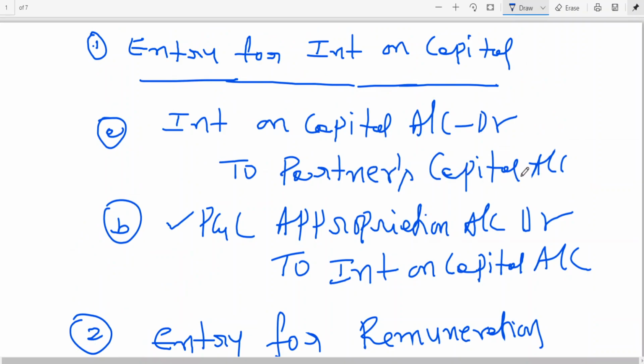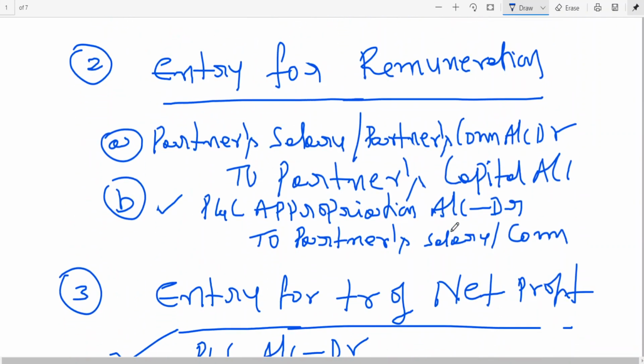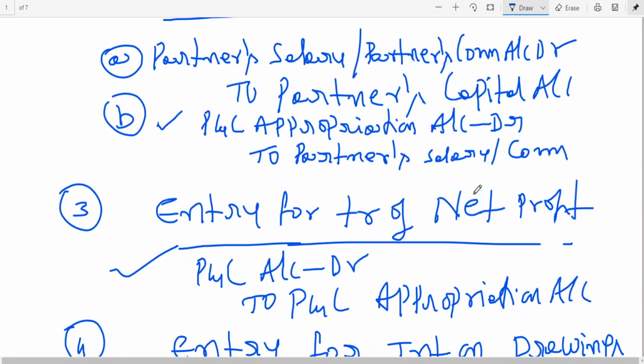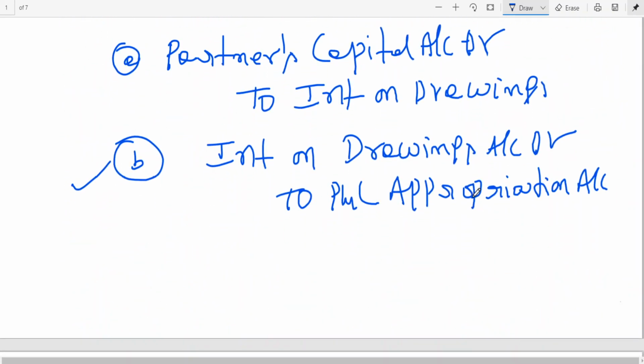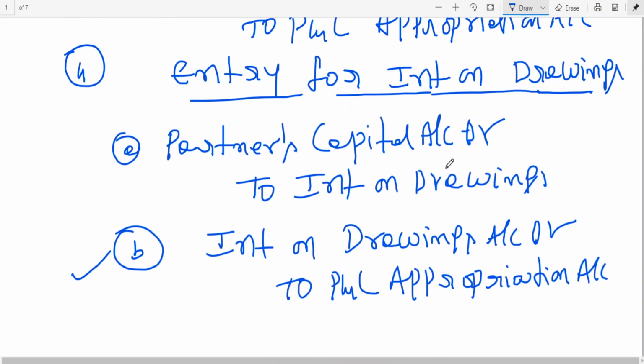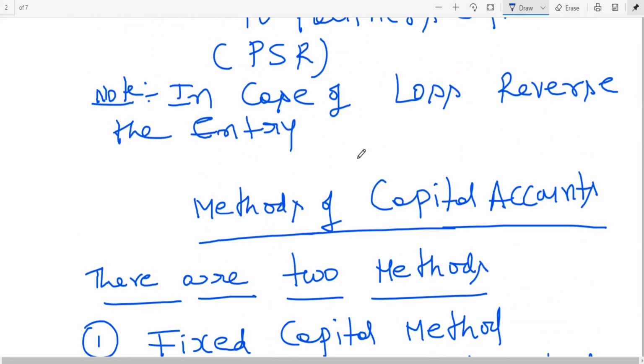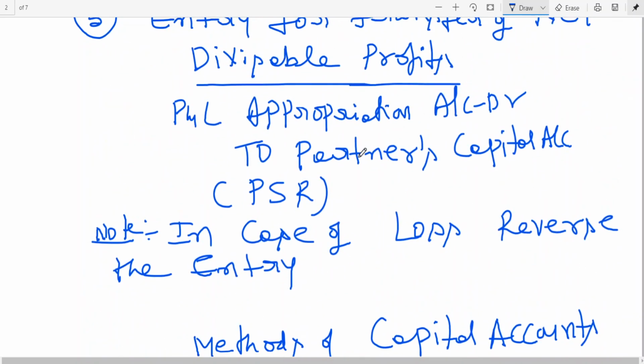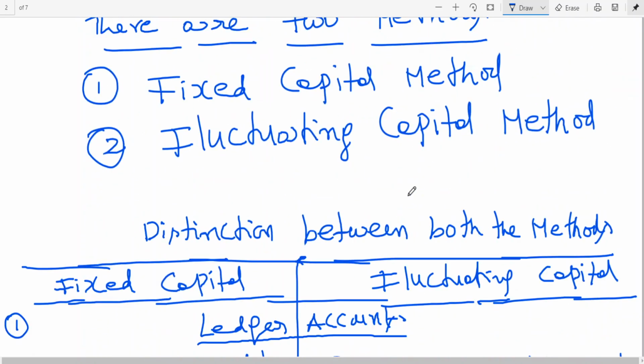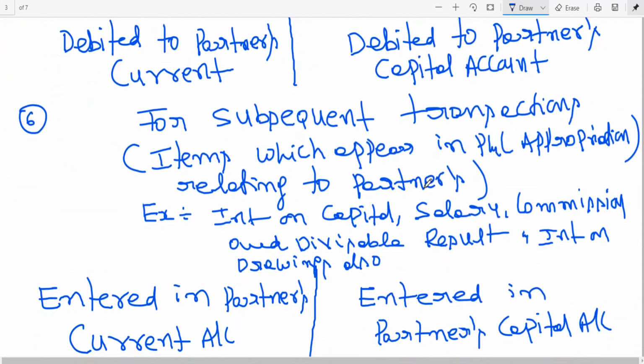Partner's current account, that I have explained to you. So I think interest on capital is credited, remuneration is credited to partner's capital, and the divisible profit is credited, interest on drawings is debited. If loss, it is to be debited. Okay, the same thing we will be writing here.